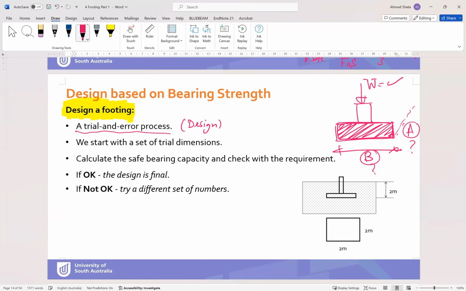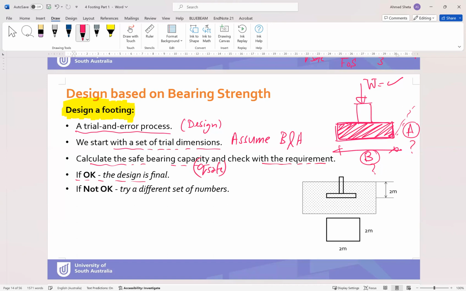So our first step will be starting with a set of trial dimensions. It's like assuming a value of B and A, the dimensions of the footing, and then calculating the safe bearing capacity, Q safe, and checking with the requirement.